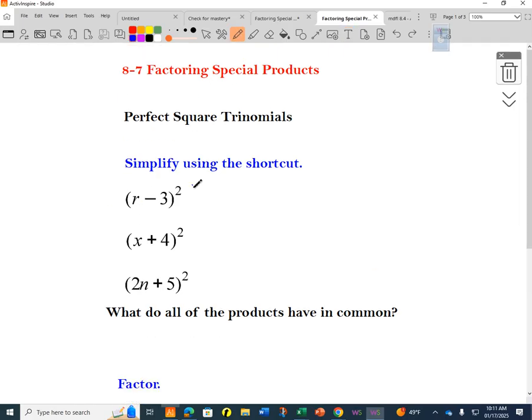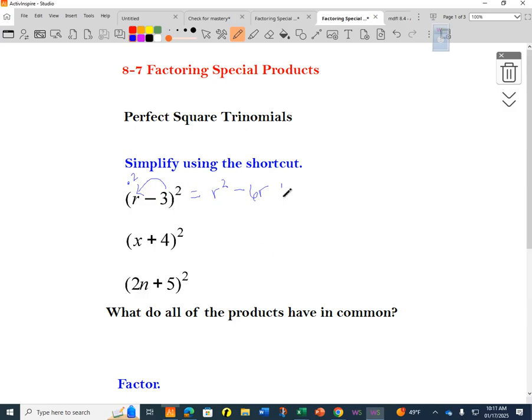So the shortcut is square the first term. Square means multiply by itself, right? R times r is r squared. We're going to multiply the two terms and then double or multiply it by 2. So negative 3 times r times 2 is negative 6r. And then we're going to square the last term.